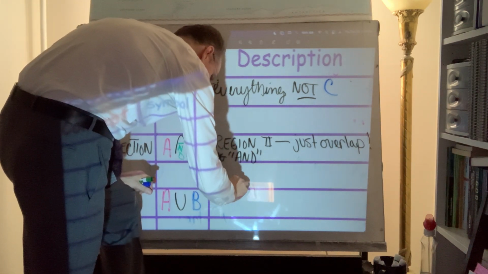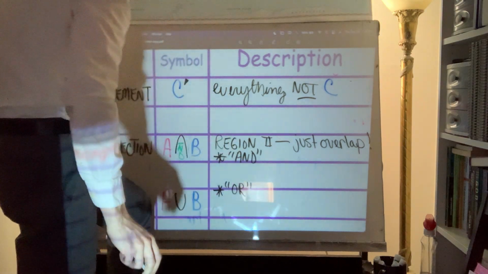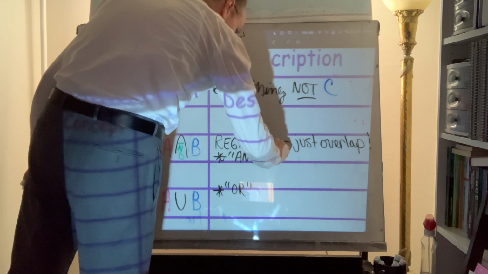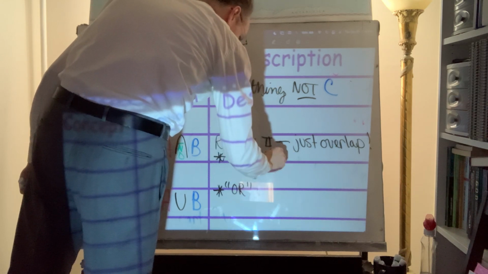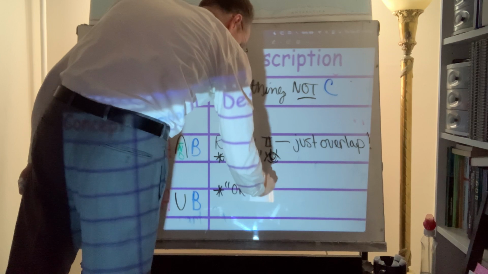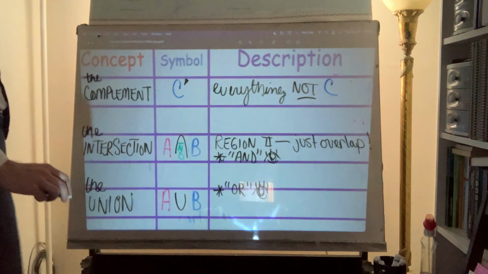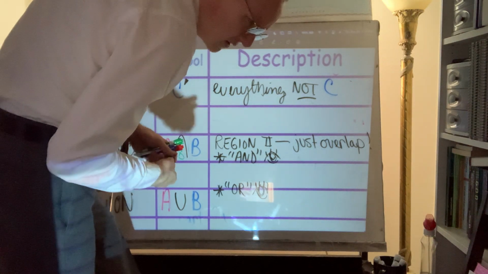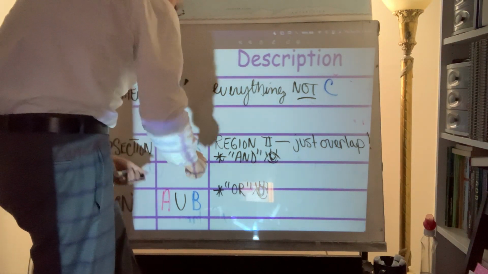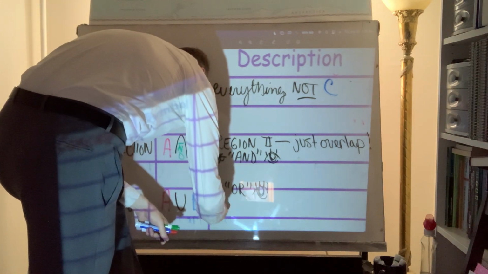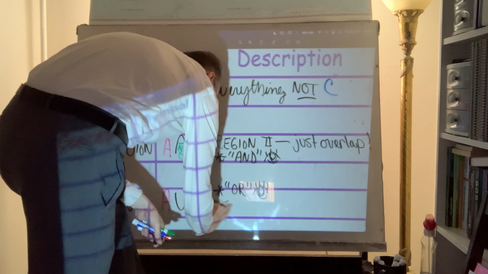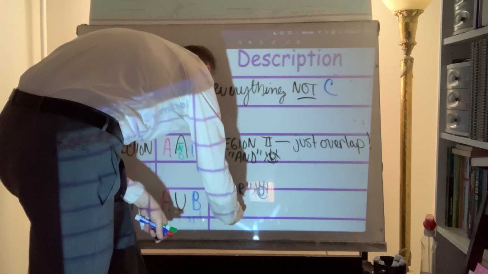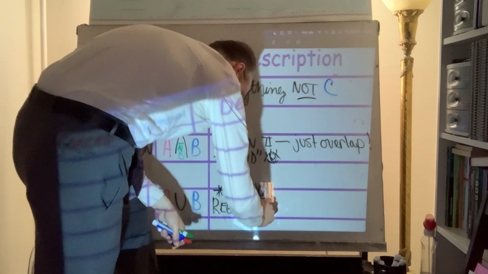In the context of a sentence, you would see the word or. So either look for an and, not all of the time, I suppose, but a good indication. Look for the word or. And this is essentially region 1, 2, and 3.